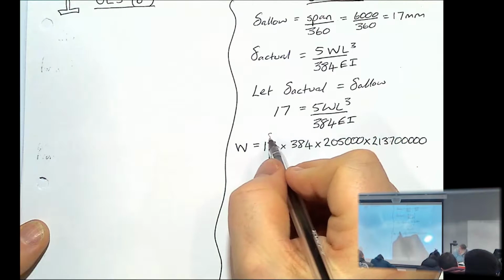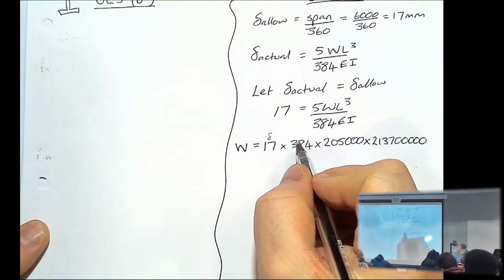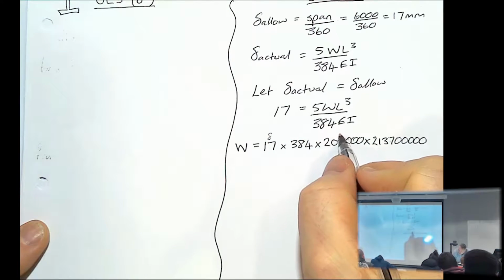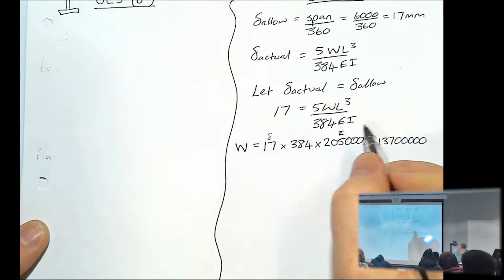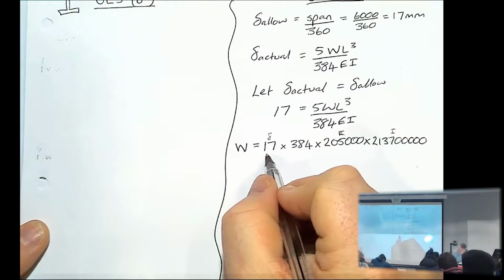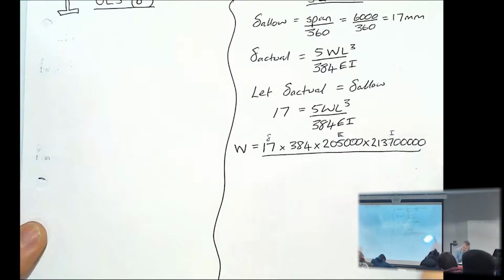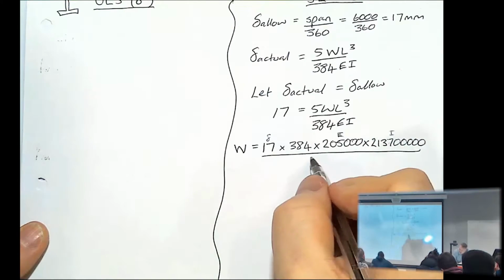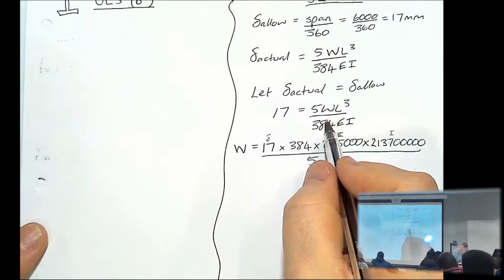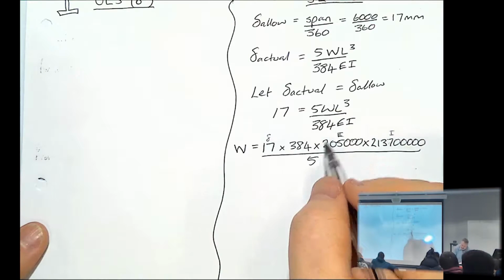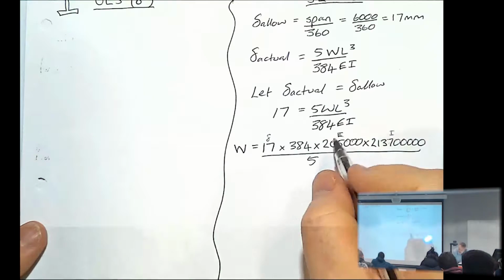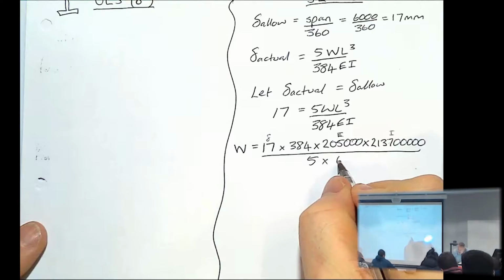So that's our deflection, that's 384 constant, that's our E value, that's our I value, all divided by, bring the 5 down, and then bring our L down. Our span is 6 metres.